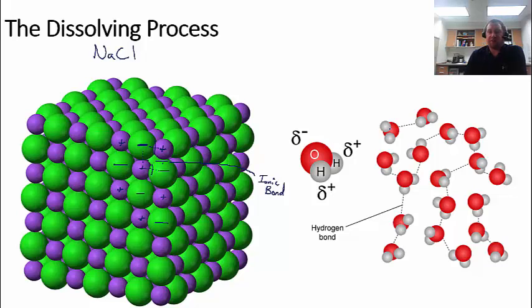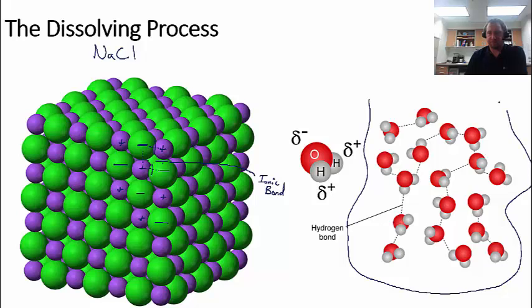Second thing to understand in the whole process is if we were to blow up water and zoom in, water is a bunch of H2O molecules, and what you might not have known about water is that it is a polar molecule, meaning it shares its electrons unevenly. What happens as a result of that is on the oxygen end we have a negative charge, and on the hydrogen ends we have slightly positive charges.